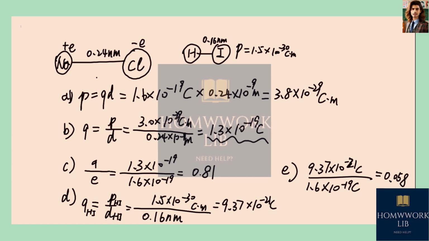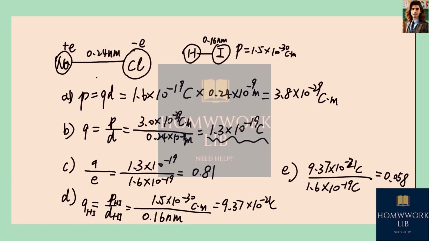And then the question asks us to discuss the result, because why does this answer differ so much from part C? Well, for part C, we have sodium and chloride, and they have a pretty large fractional charge, but here for hydrogen iodide, we only have a very, very small fractional charge.